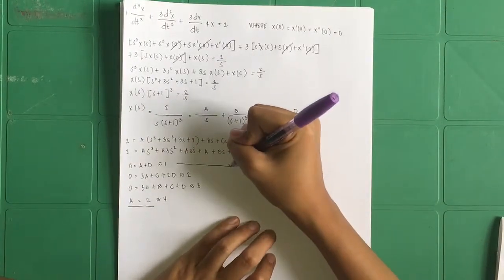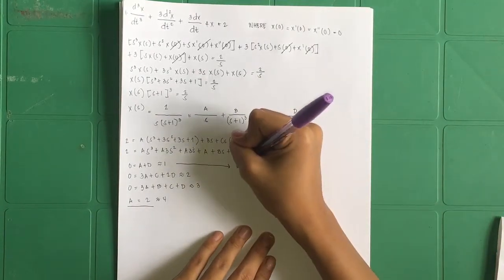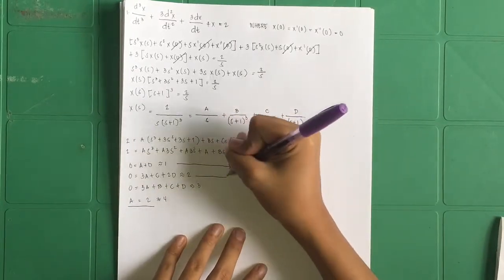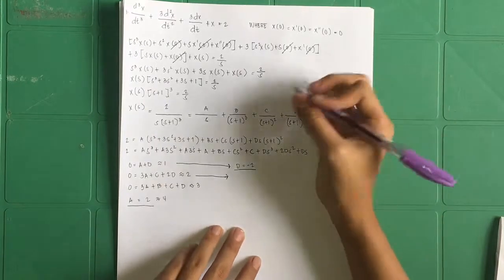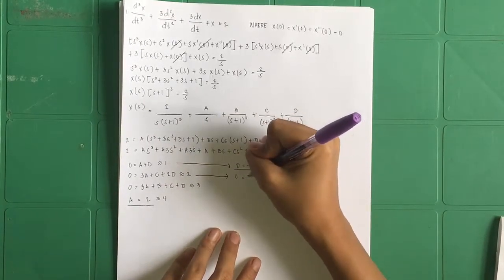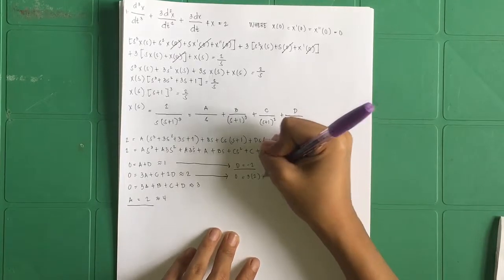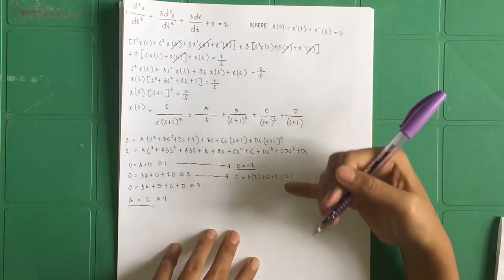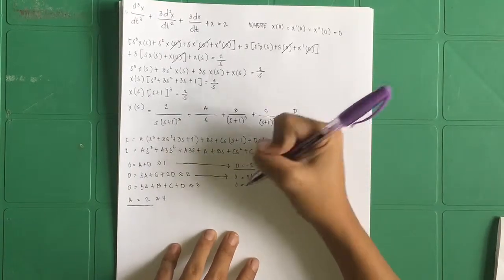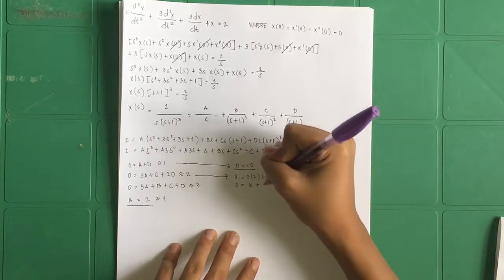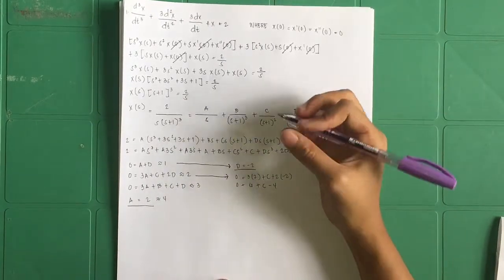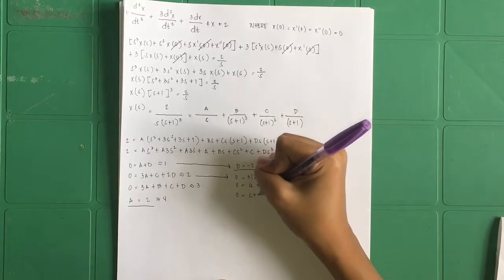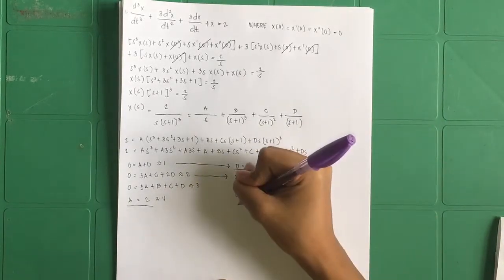Then for letter D, substitute a to the first equation to get d. Then I substitute the value of a and b to the second equation to get the value of c. Here's the explanation. So now we can get the value of c.